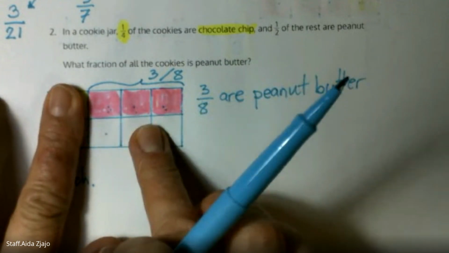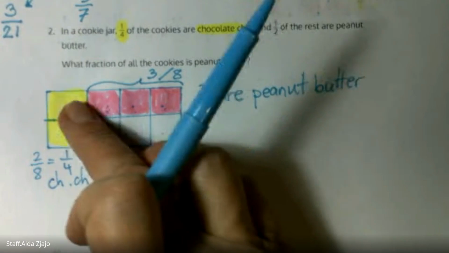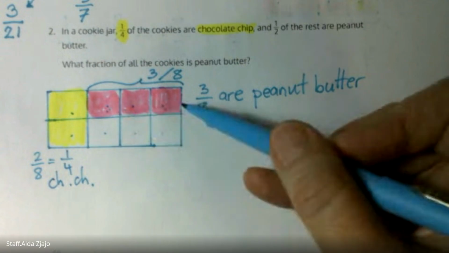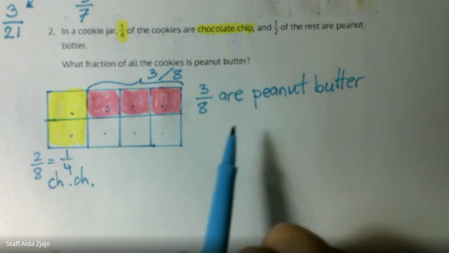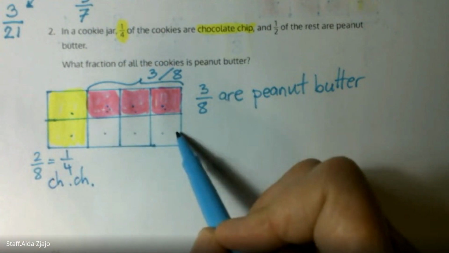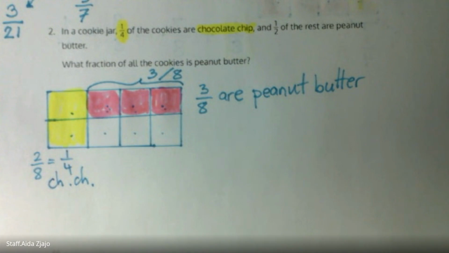Half of that, when you think about the whole jar, is 3/8, so 3/8 are peanut butter, and then these three could be any other cookies, plain or any other.